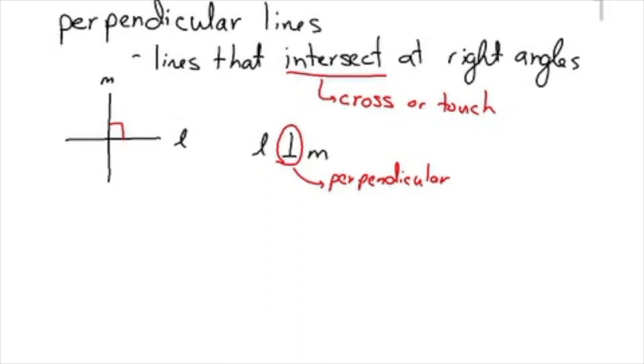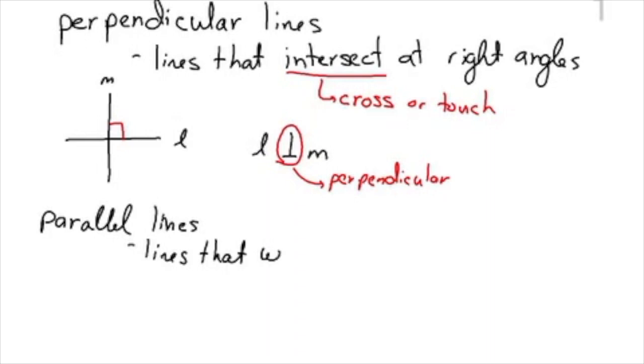Okay. The next definition that we have is the definition of parallel lines. By definition, parallel lines are lines that will never intersect.